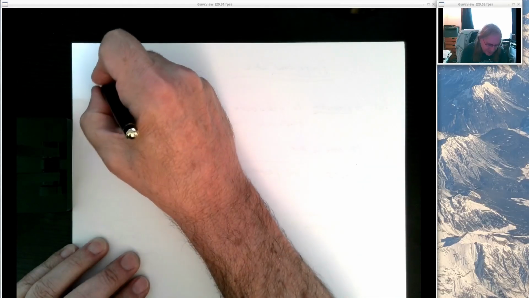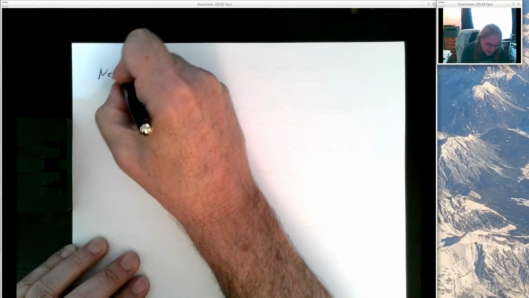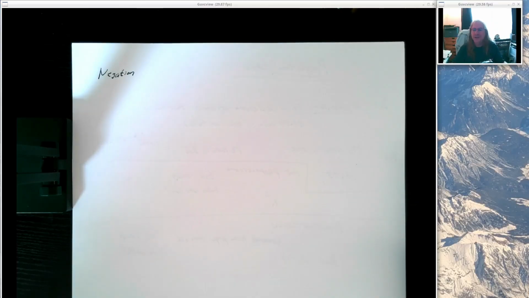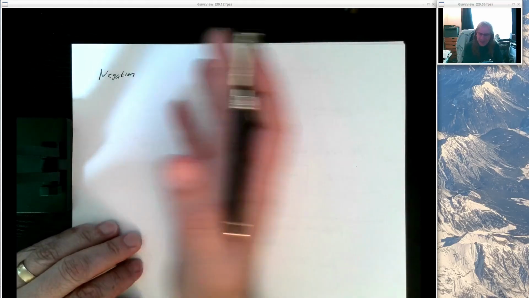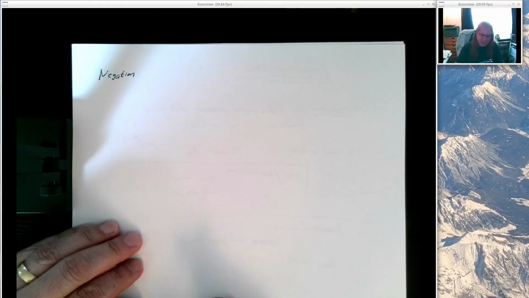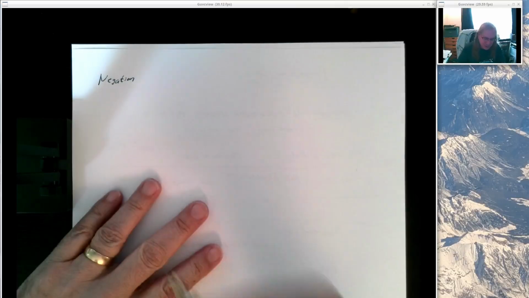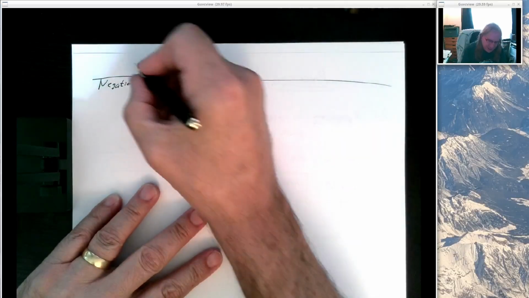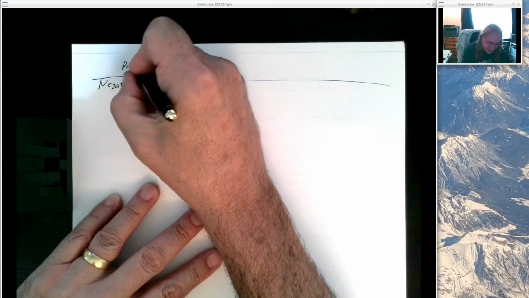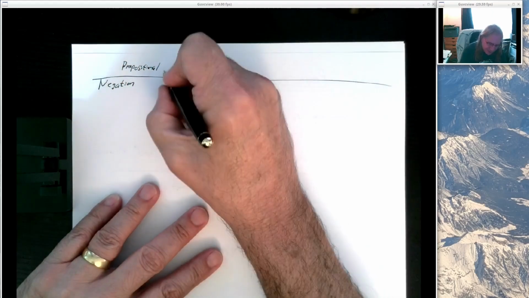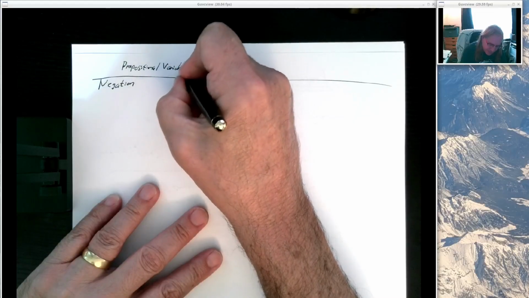So the first operation we can talk about is negation. Now, I don't want to have to keep writing sentences like "my name is Nick," or "if it rains then I'm going to get wet." So we're going to work with this idea of a propositional variable. And this is just like a regular variable in algebra.